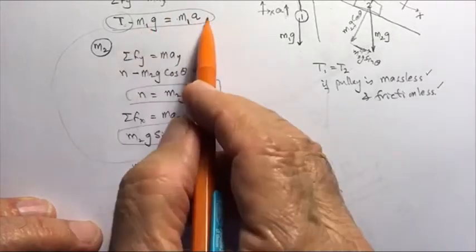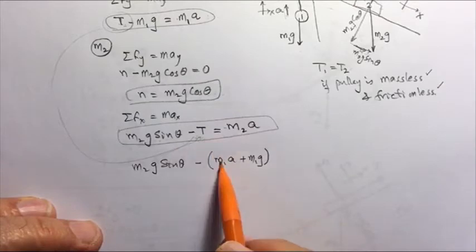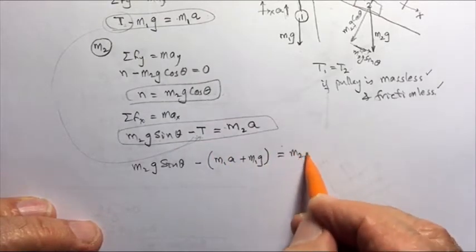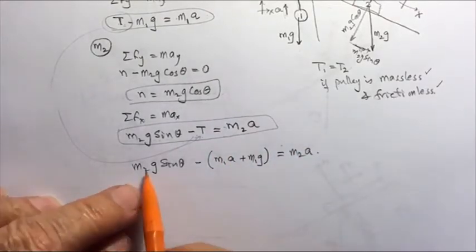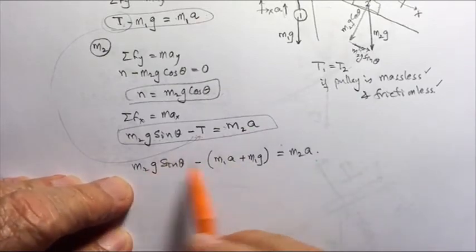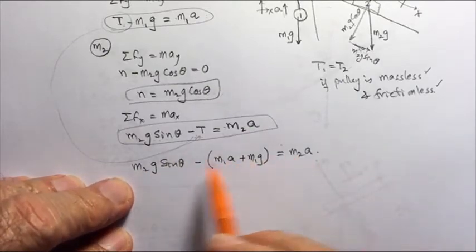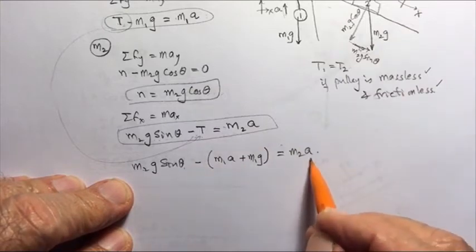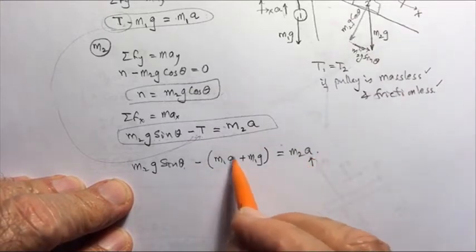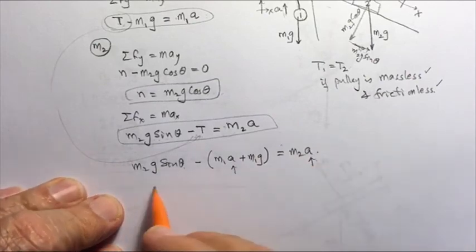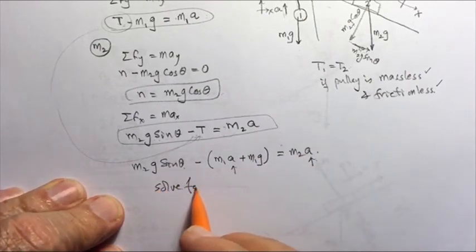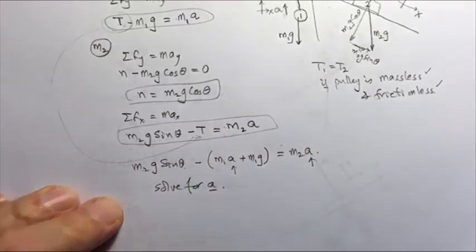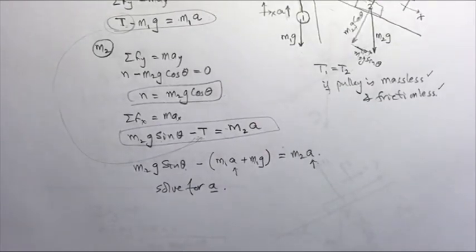Okay, we bring the M1g here and bring it down here, equals M2a. Now in this equation, if we know the masses M1 and M2 and the angle, then a is the only unknown, which is the same a, so we can rearrange that and solve for a. Okay, and that it can be solved.